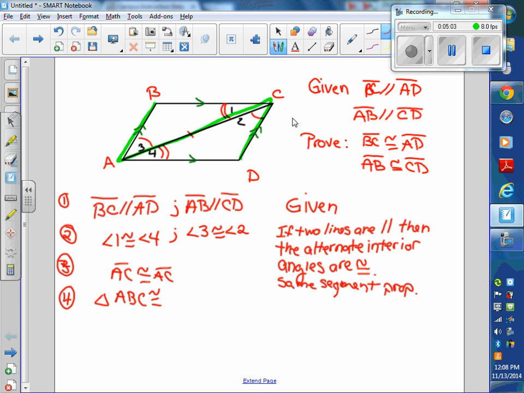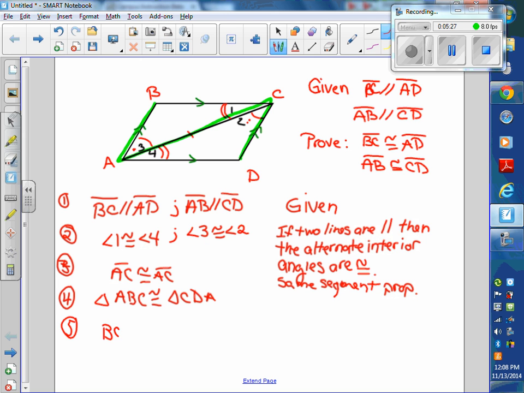Because they have to correspond, right? This angle is equal to this angle. So A corresponds to C. B and D correspond. And then, okay, now I could say the parts are congruent.